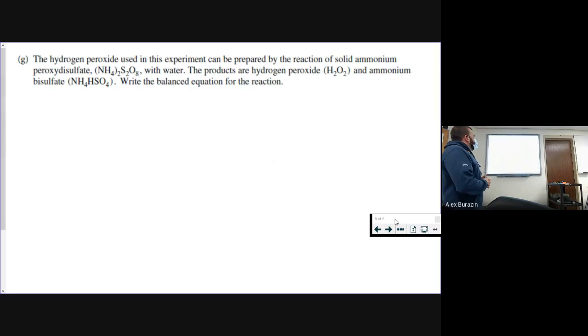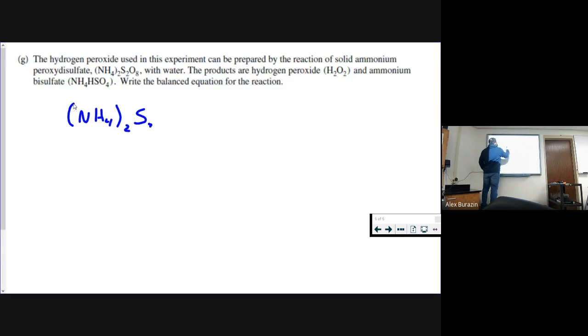The hydrogen peroxide used in this experiment can be prepared by the reaction of solid ammonium peroxydisulfate, fun, with water. The products are hydrogen peroxide and ammonium bisulfate. Write the balanced equation for this reaction. Now, I have solid (NH4)2S2O8.